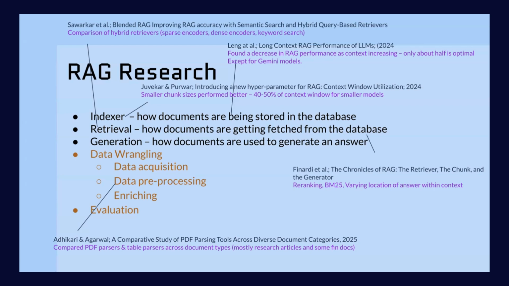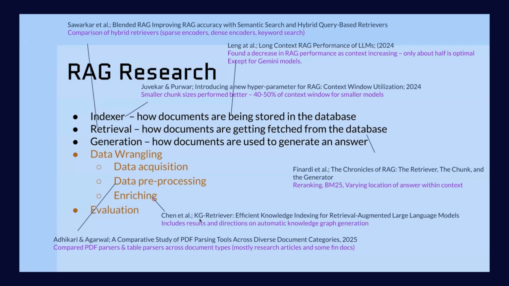Actually, the solution was a hybrid of, I think, a sparse encoder and a dense encoder. The sparse encoder is BM25, and then they have their own formula that you can look at. Dense encoders is what we used in this exercise.